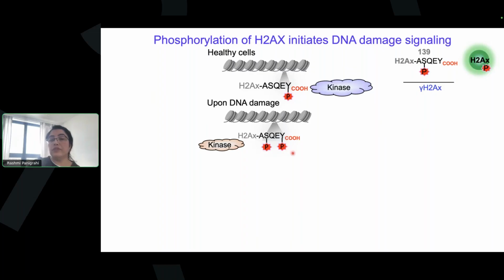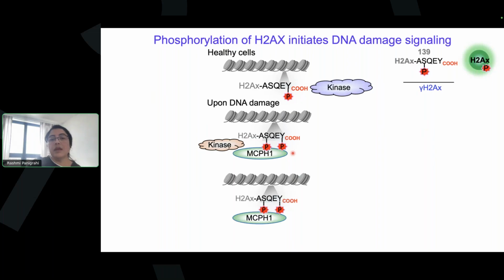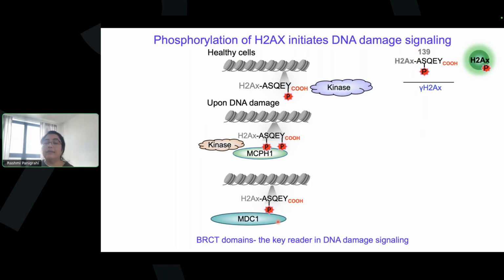So you can find a doubly phosphorylated form, which is recognized by the C-terminal BRCT of MCPH1. Now, this terminal phosphorylation is removed by a phosphatase, and so we are left with the serine phosphorylation, which can still be recognized by the MCPH1 BRCT domain, and eventually MDC1 comes in and recognizes this serine phosphorylation via its BRCT domain. So taken together, for many decades, it has been known that BRCT domains are the key readers for DNA damage signaling.